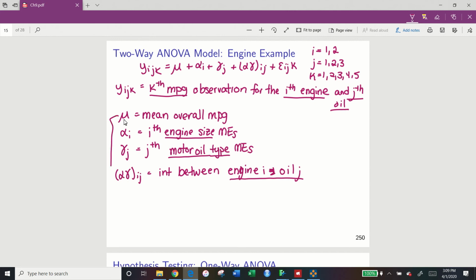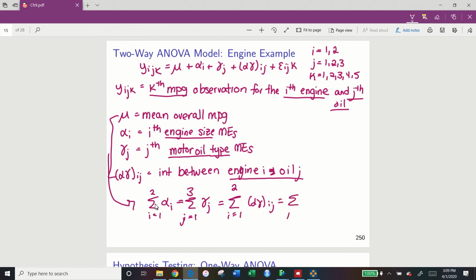And together, we should have that the summation of i equals 1 to 2 of alpha i is equal to the summation of j equals 1 to 3 of gamma j, is equivalent to the summation of i equals 1 to 2 of our interaction effect, which is equivalent to the summation of j equals 1 to 3 of our interaction effect, which should be equivalent to 0.